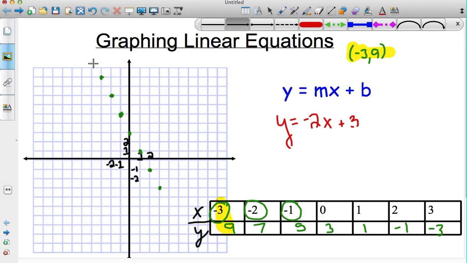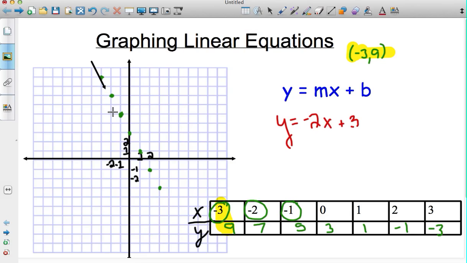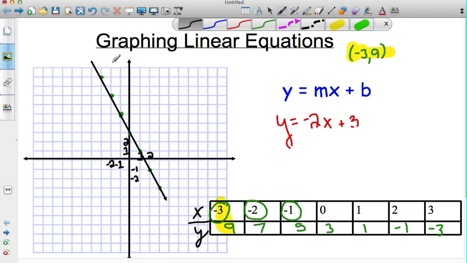So once you're done, you should hopefully be able to draw it. We've only chosen points down to negative 3, remember. We could have chosen negative 4 or even negative 10, so that's why I draw my arrow. And then there's an arrow down there. We could have gone a little bit higher.